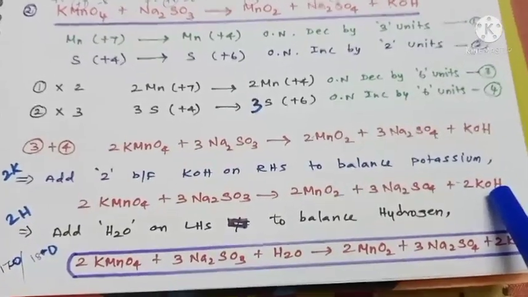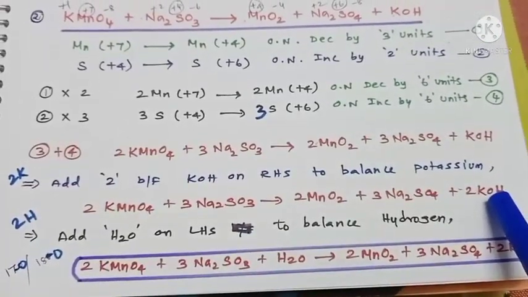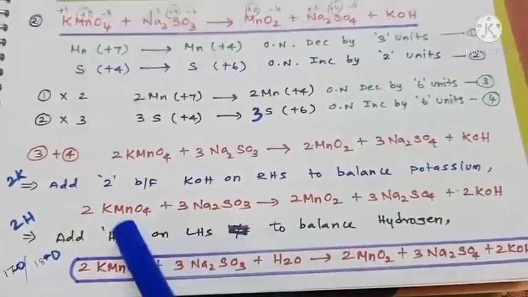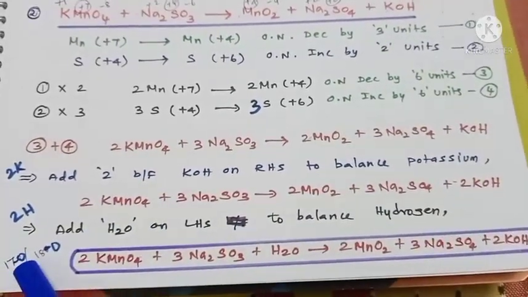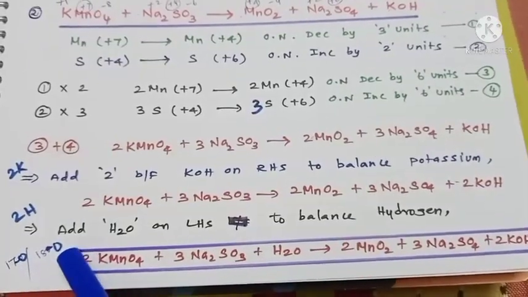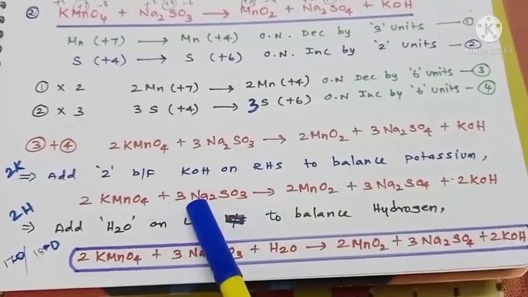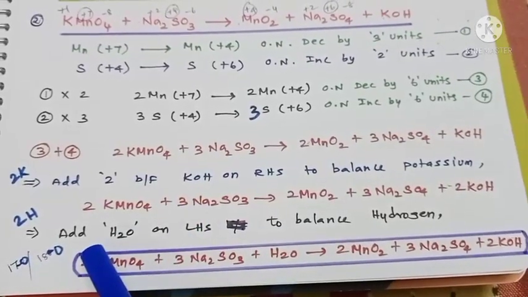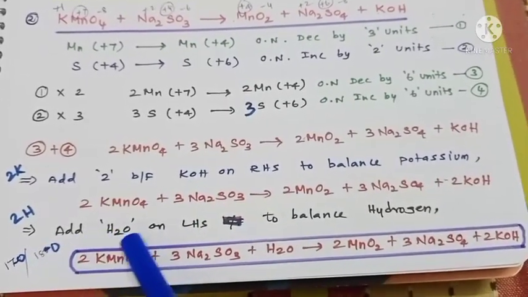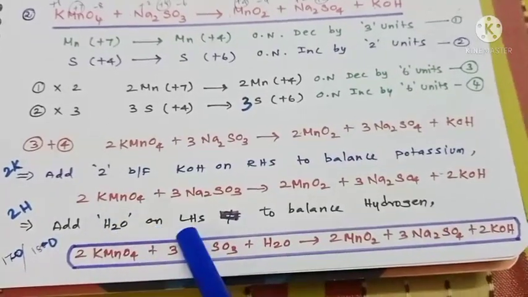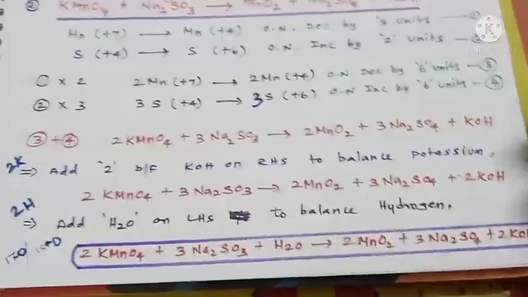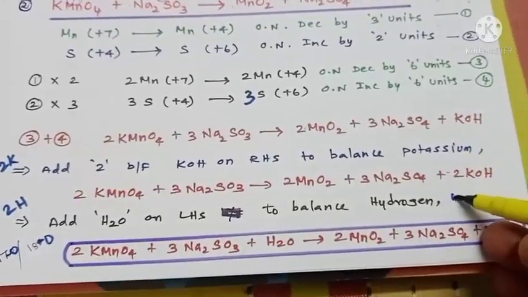Okay, right. Now I check oxygen. Or you can check hydrogen also. Okay, when you check oxygen, left side there are 17 oxygen atoms, right side there are 18 oxygen atoms, which means on the left hand side you have to add 1 oxygen atom, isn't it? According to the rule, to balance oxygen we are supposed to add H2O, isn't it? So add 1 mole of H2O on left hand side to balance hydrogen as well as oxygen.